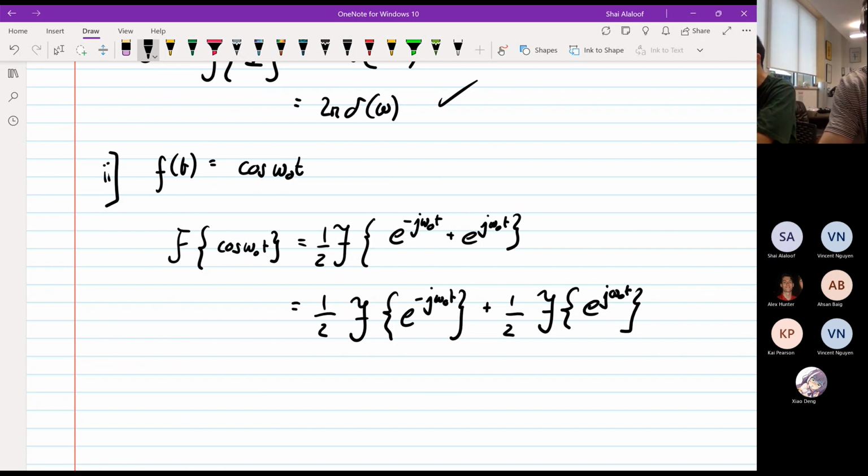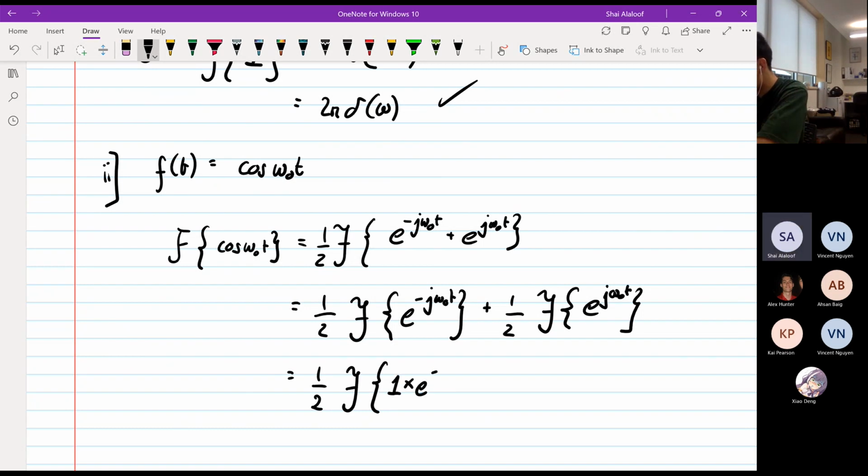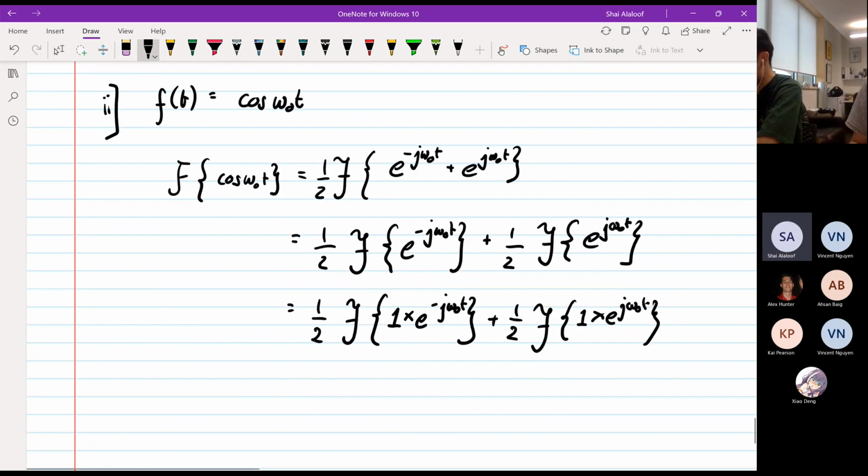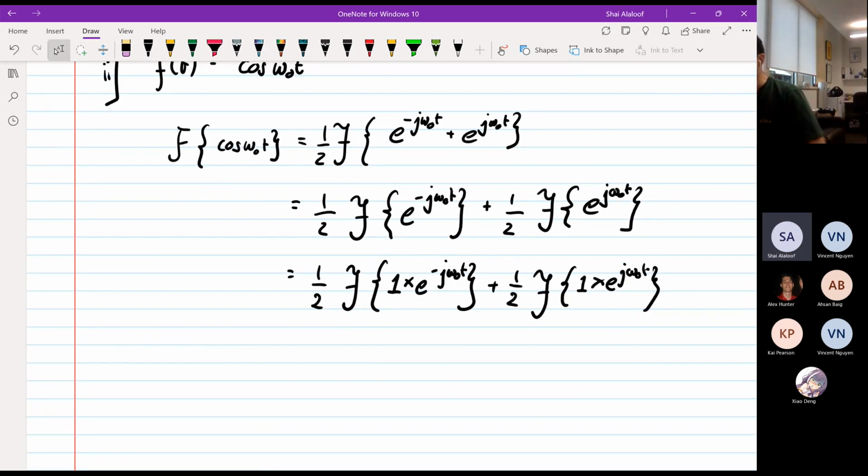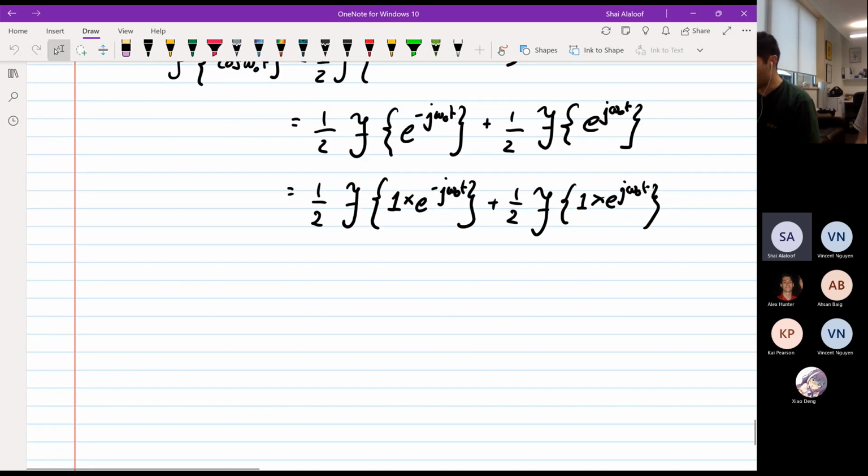Okay, and I'm going to do something a little bit weird. I'm just going to write this as 1 times e to the minus j omega t. And similarly, I'm going to write this as 1 times e to the j omega t. The reason I'm doing that is because I'm going to use the frequency shifting property that it told us, because we know what 1 Fourier transforms to.